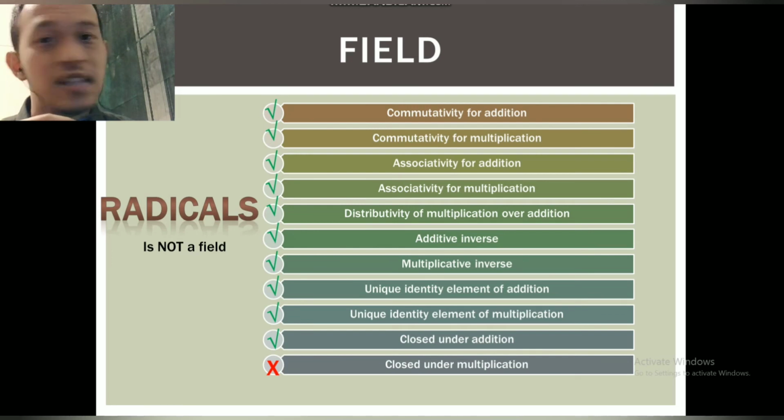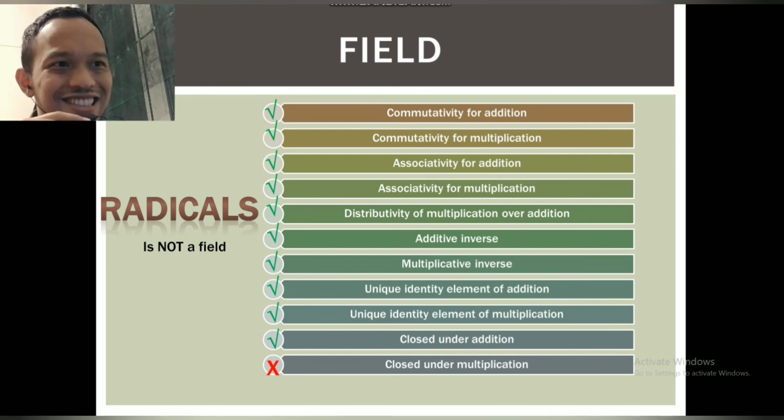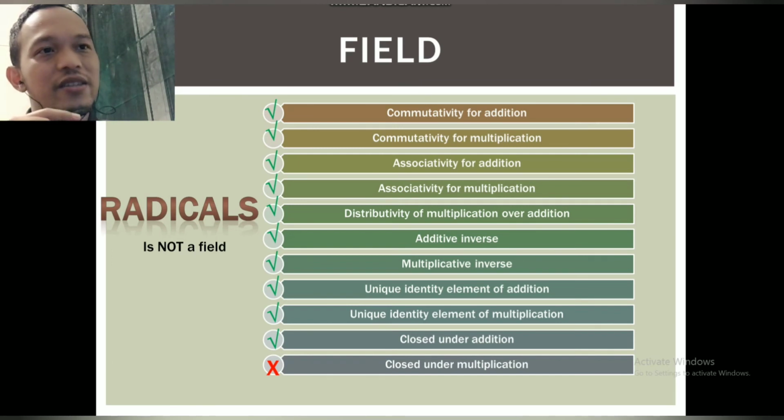The product is not a radical. It is an integer, a real, a rational number. Therefore, it comes up with a number that the radicals don't contain. So it doesn't obey closure under multiplication. Therefore, radicals is not a field. That's how you prove it.